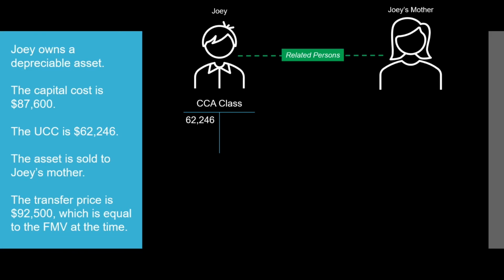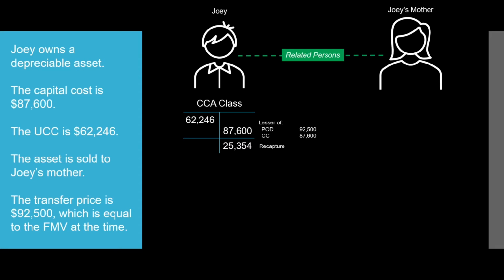So we will take the lesser of the proceeds of disposition of $92,500 and the capital cost of $87,600. The lesser of those two amounts is $87,600. This results in a negative balance in our CCA class, which we can't really have. That number needs to be brought back into income, and it's known as recapture. That's the subdivision B consequence for Joey.